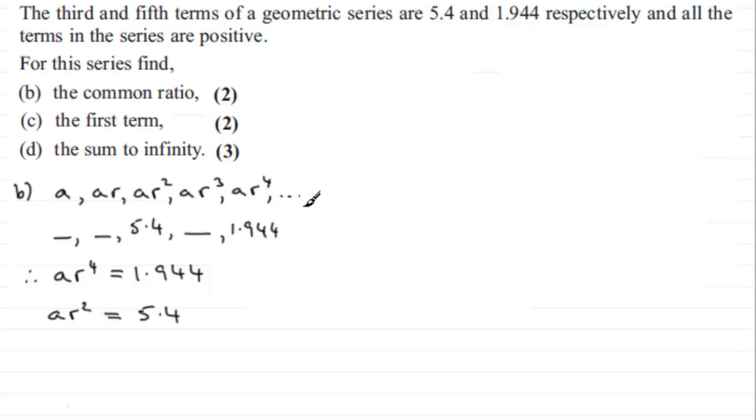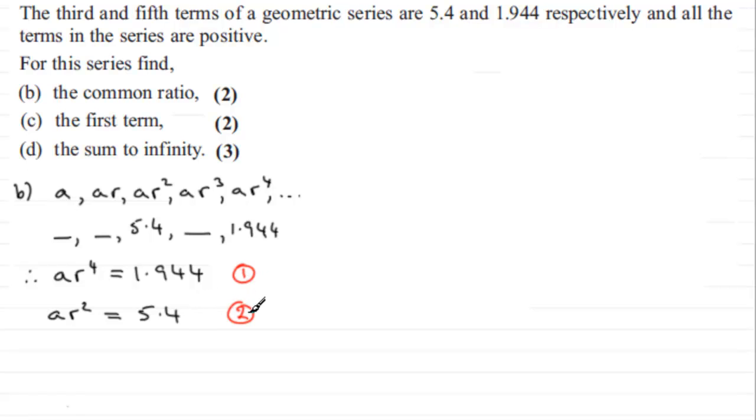Now normally I wouldn't write all of this up here, I'd just go straight into this, but I'm just doing it to show you what's actually happening. And we've got two equations in two unknowns, so we can solve them simultaneously.